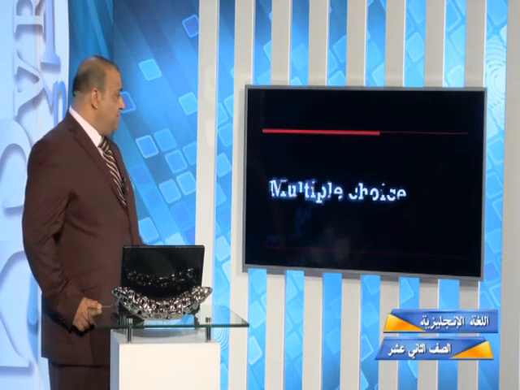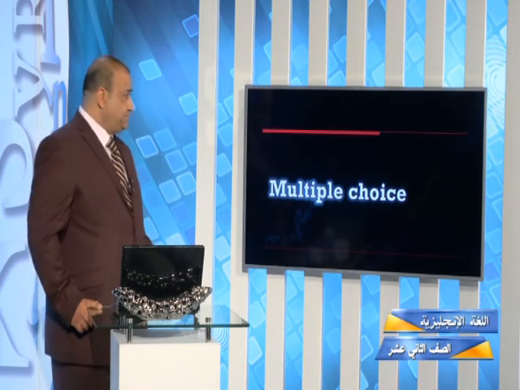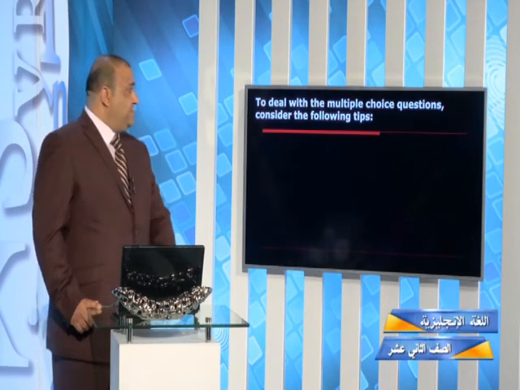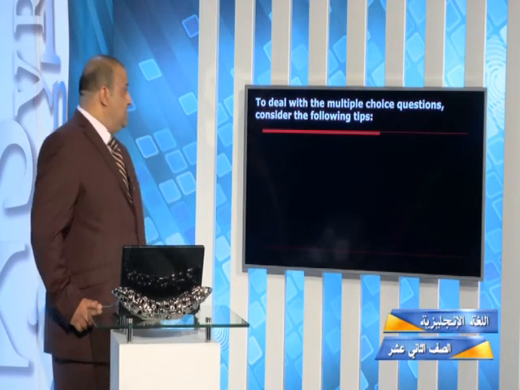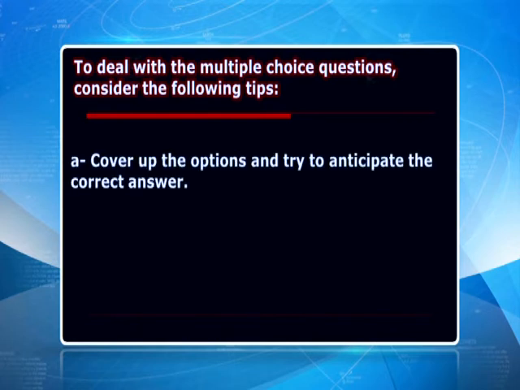Let's start by having an idea about multiple choice questions. Now, to deal with the multiple choice questions, consider the following tips, some recommendations that you have to stick to. The first one is cover up the options and try to anticipate, which means to think about and to suggest a correct answer.